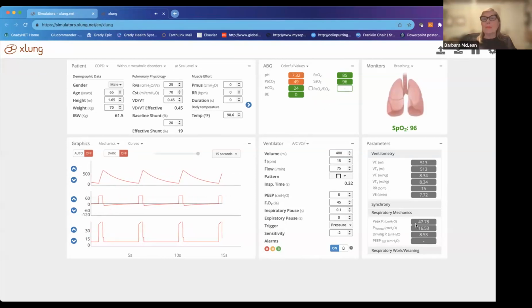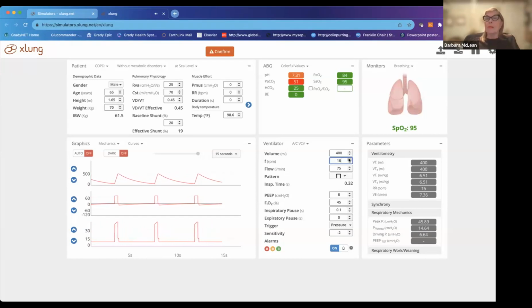Again, remember, it's a simulator, so it doesn't necessarily always work the way we want it to. So we're getting small tidal volume breaths, and we can see this probably was not a good decision. So now what we might do is go up on your rate and see if that's going to help you blow off your CO2.